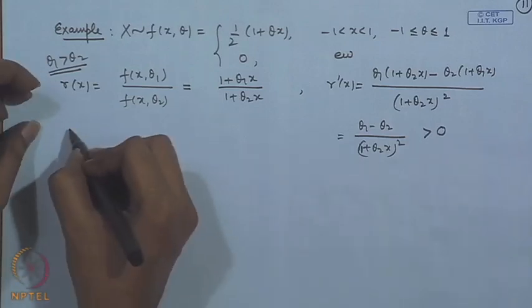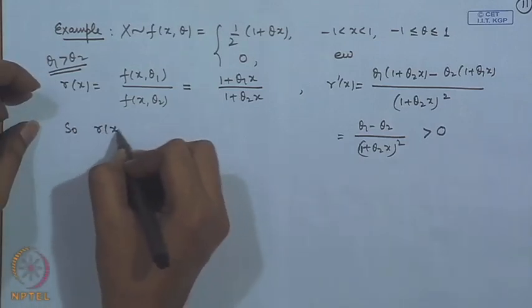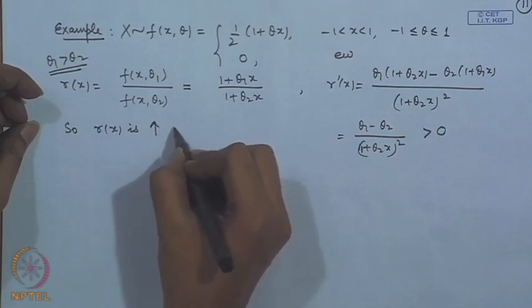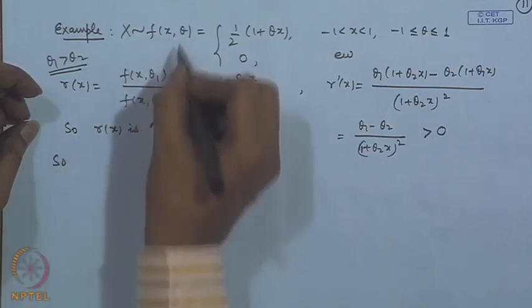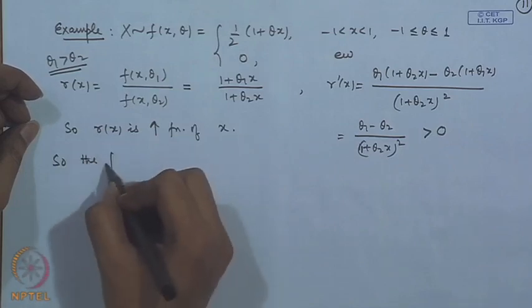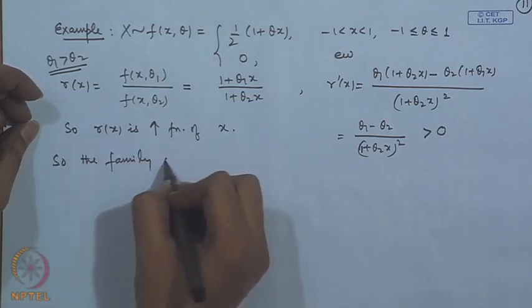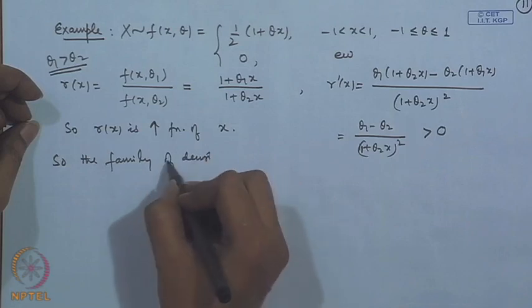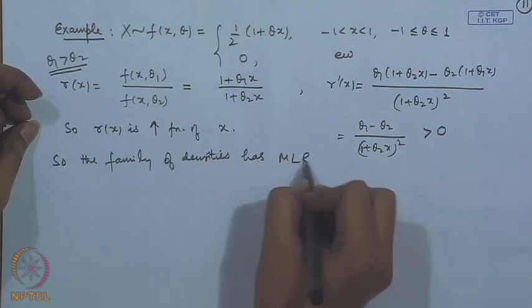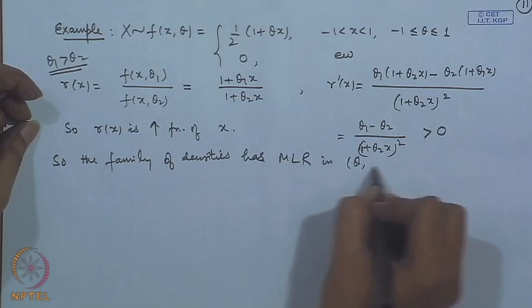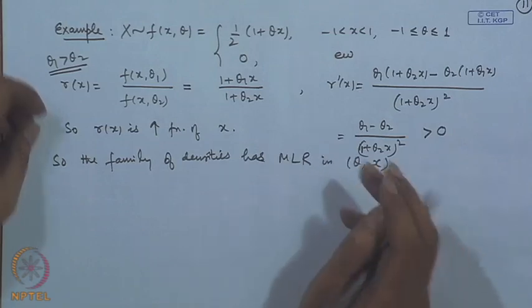So, what we are concluding is that R(x) is increasing function of x. So, the family of densities that we have considered here has monotone likelihood ratio in theta and x. So, now it is nice that we can actually derive the UMP test.